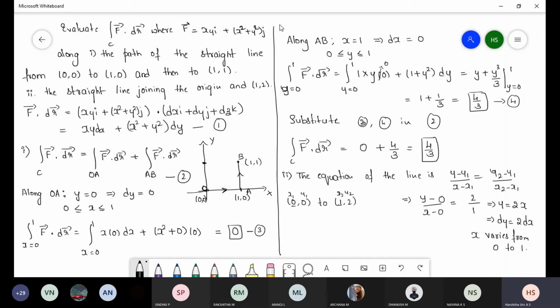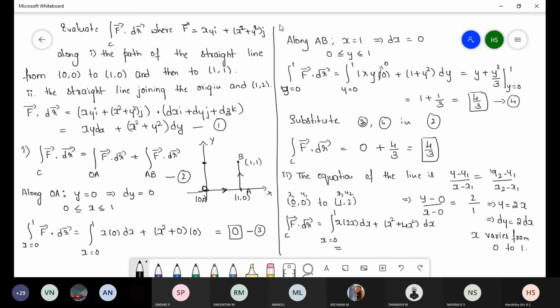Now you substitute in the above formula, vector f dot vector dr. X is equal to 0 to 1. In equation 1, wherever y is there, we have to substitute 2x. So x into 2x into dx plus x square plus y square, which means 4x square, into dx. So overall 2x square plus 5x square. How much will we get?